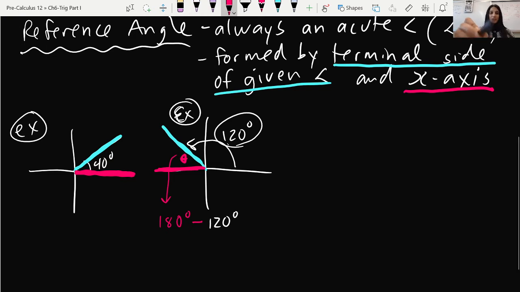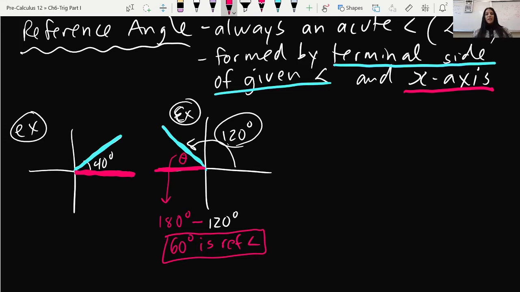When I subtract those, what I'm left with is 60 degrees. So 60 degrees is my reference angle in this case. I'm going to put a box around that because that's our answer in this scenario. That's what I take as my reference angle.